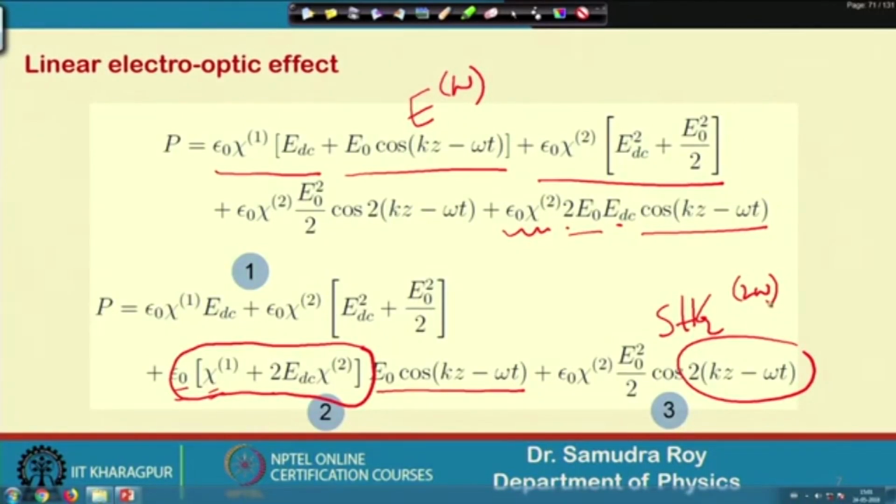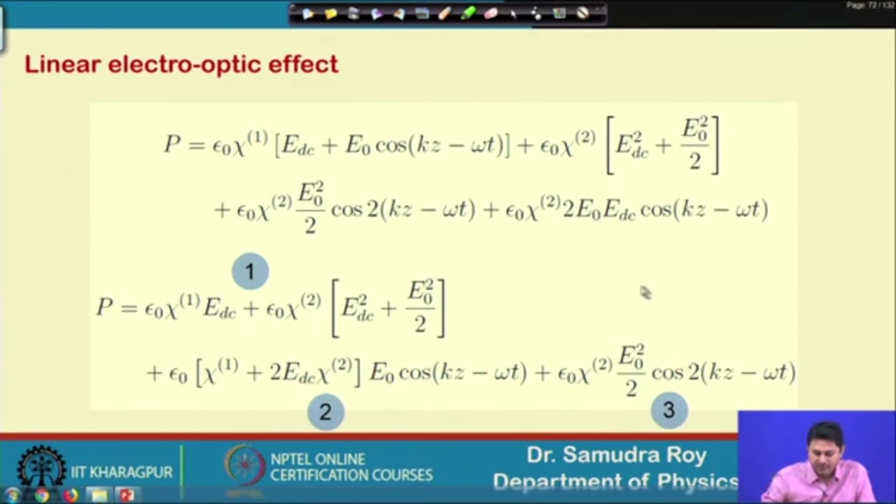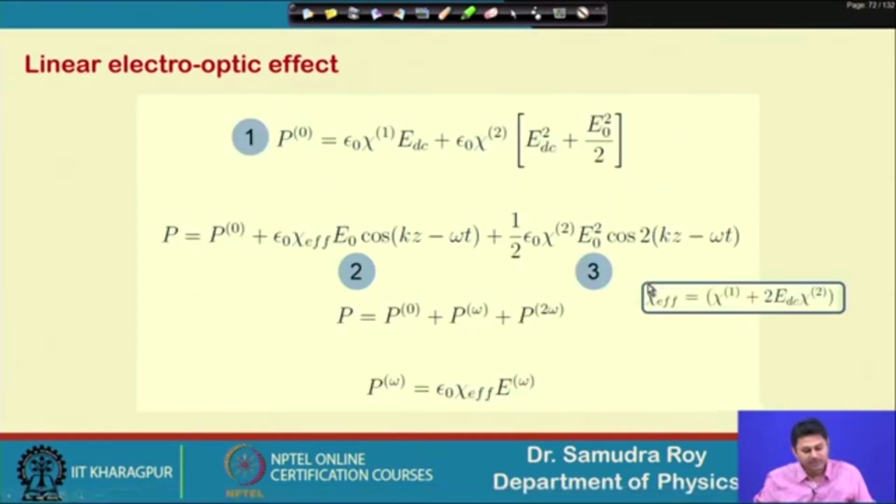So, when we have these 3 terms, the first term is basically the modified optical rectification. Term 2 is also modified because of the electric field, and it is related to the fundamental field E omega, and the next term is second harmonic generation. Okay.